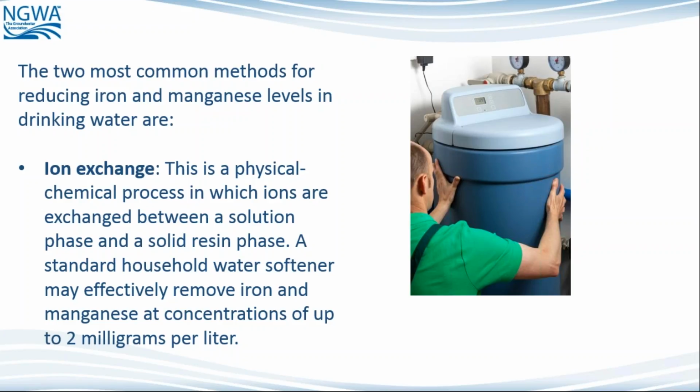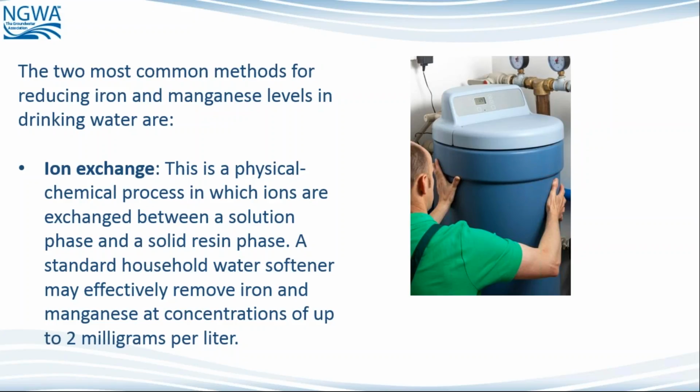Ion exchange. The magnitude of iron in the water applicable to a water softener or an ion exchange water treatment system is only about 2 milligrams per liter. So if you had more iron in your aquifer water when you tested it, and you were looking at a water treatment program, this wouldn't be the application, because you would overwhelm the resin bed by the extra iron that you had.